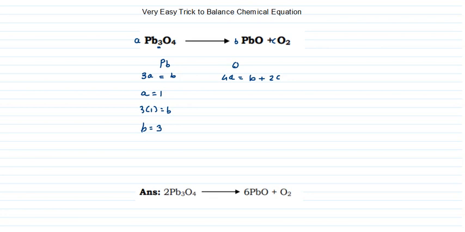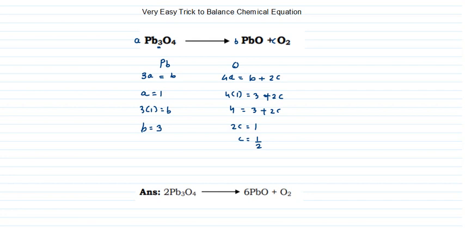A is 1, so 4 into 1, 4, is equal to B is 3, plus 2C. Now for 2C is equal to 4 minus 3, which is 1, so C is equal to 1 upon 2.